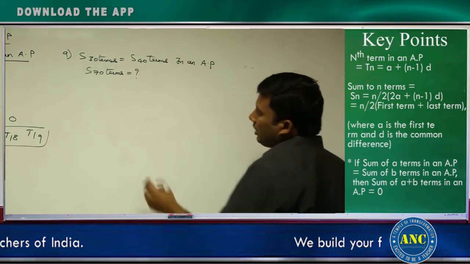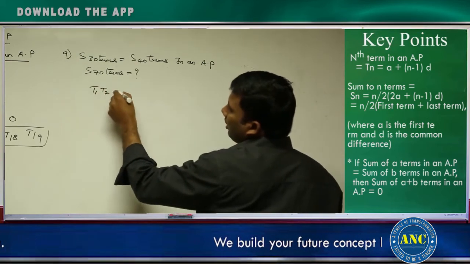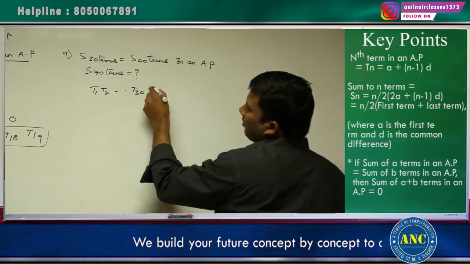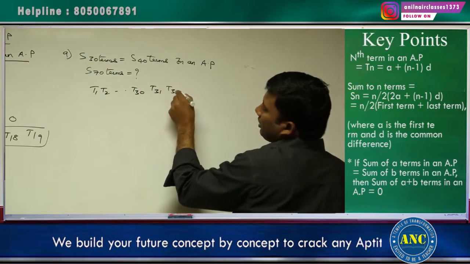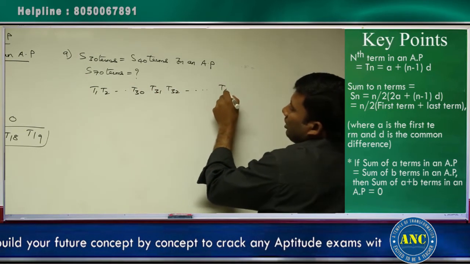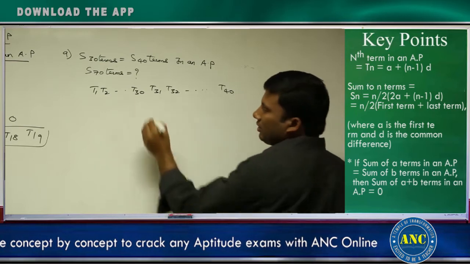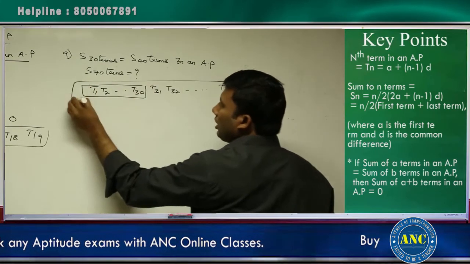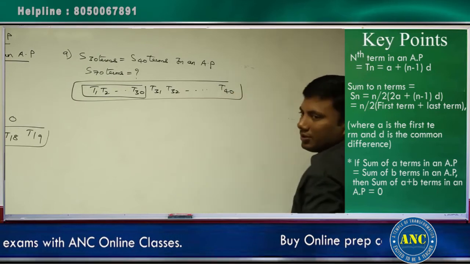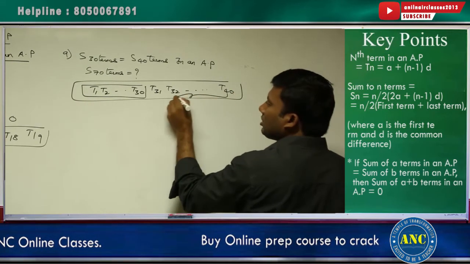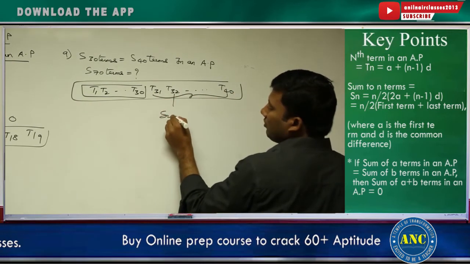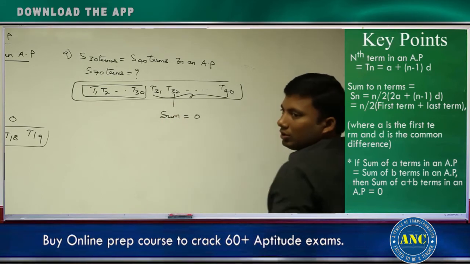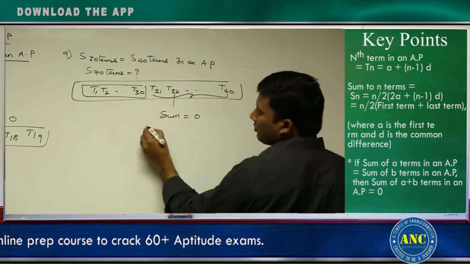Sum of 30 terms: T1, T2 till T30. Sum of 40 terms: T31, 32 till T40. Sum of 30 terms is equivalent to the total sum of 40 terms. That means the last 10 terms sum will be 0.